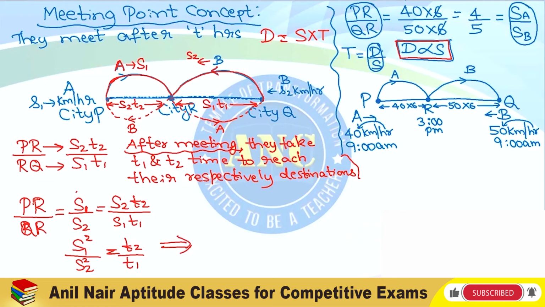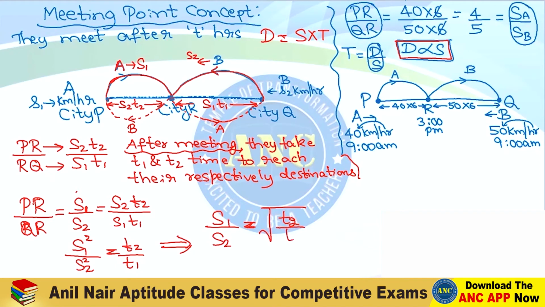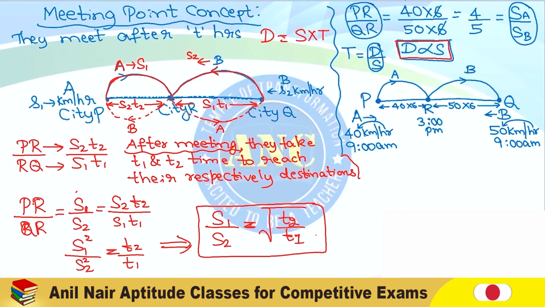We can generalize it: the speed ratio of two people A and B is equal to the square root of the reciprocal of the time taken by those two people after their meeting. So S1 by S2 is equal to square root of T2 by T1. Very important point which I have proved.